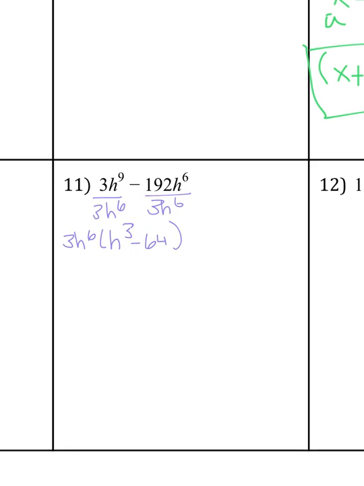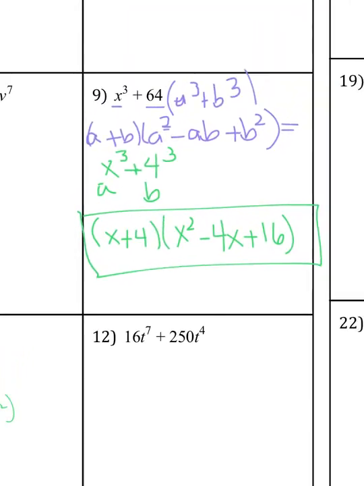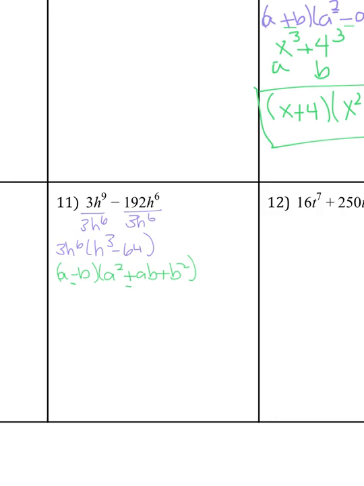Then this is the difference of cubes formula, and so just as a reminder, it's a minus b times a squared plus ab plus b squared. So just as a reminder, remember that if it's minus here, that means it's going to be plus here, and if you have the positive here, then it's going to be negative here, just as a hint to remember that formula.